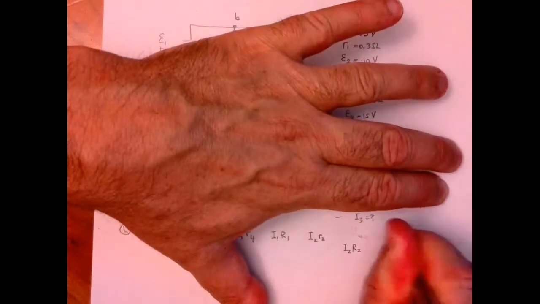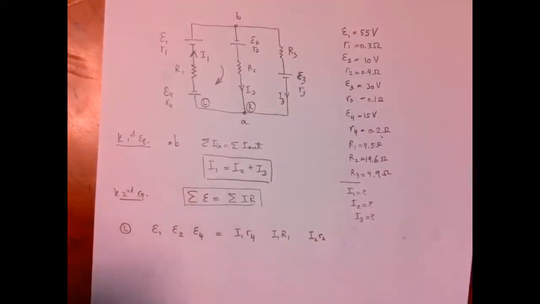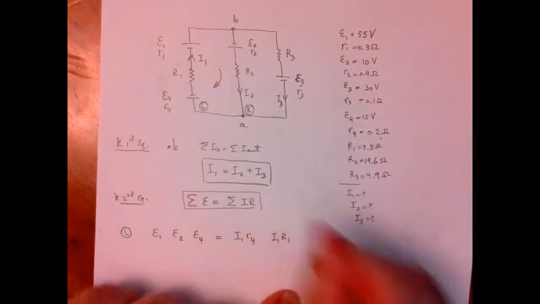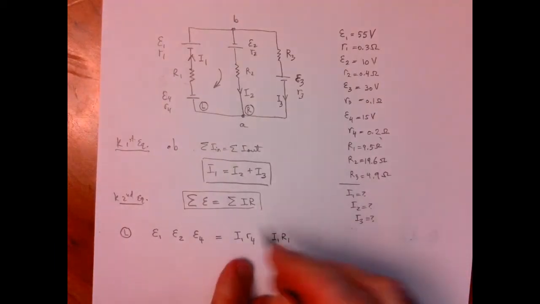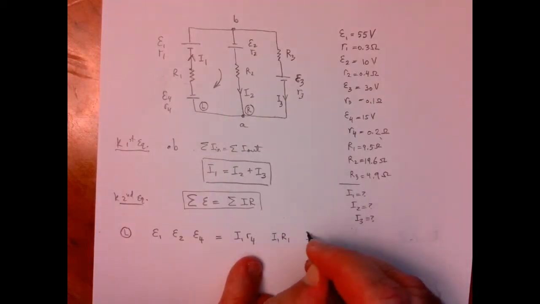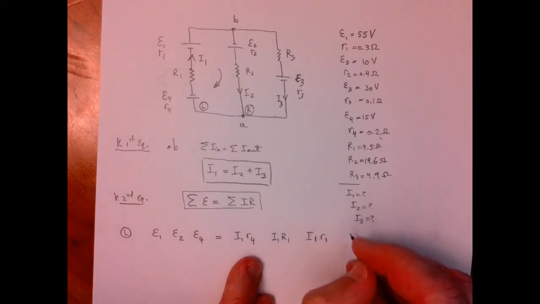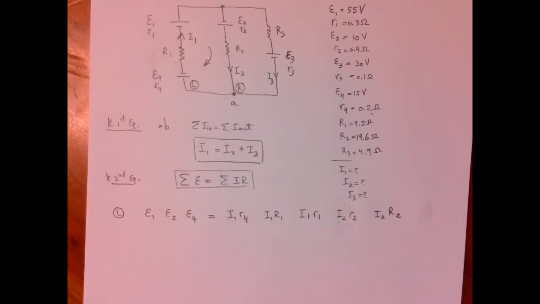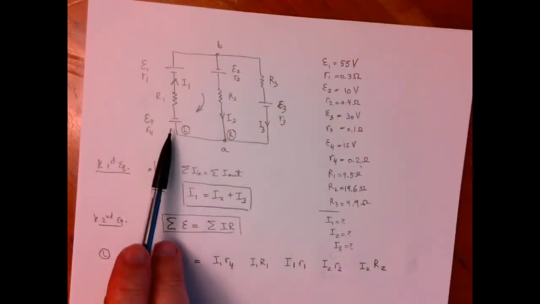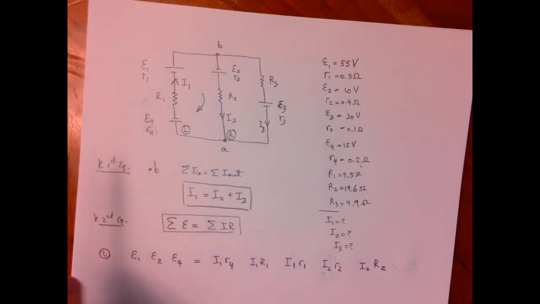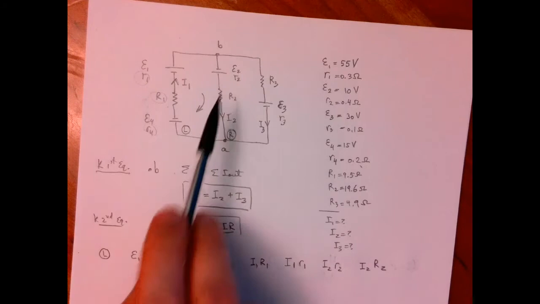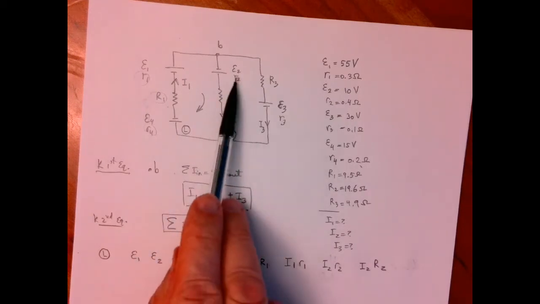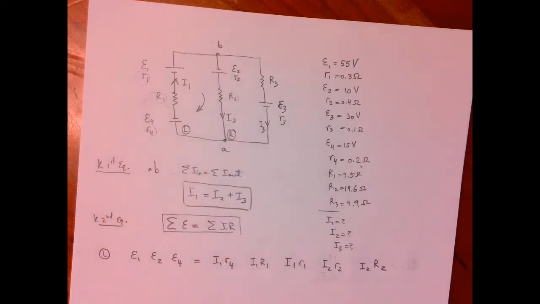I'm missing an r here, sorry, so this is why it's good to check. We have current I1 going through R4, R1, and r1, and these are these 3 terms. And then I have I2 going through R2 and r2, the little r and big R.